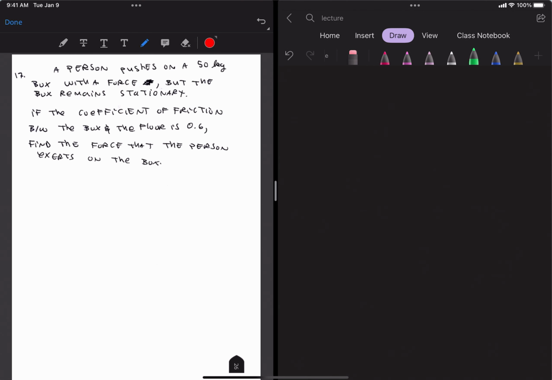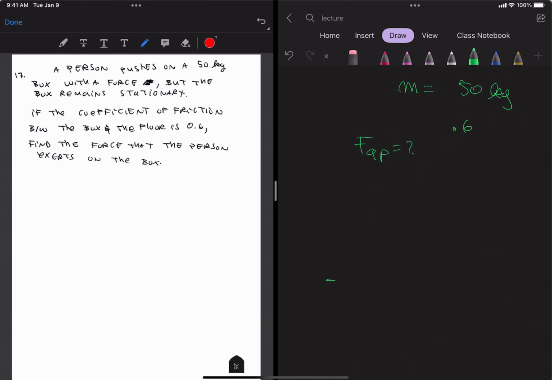So let's write down the givens. 50 kg, which is a mass. And next you have a 0.6, which is going to be a number. And that looks like that's about it. And we want to find the applied force.